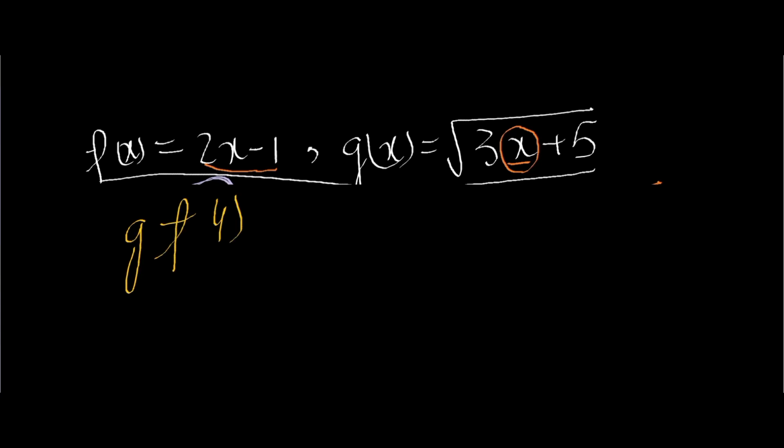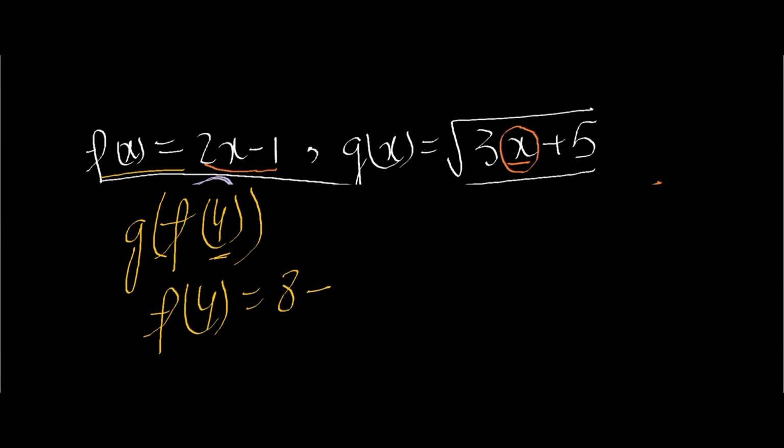First put 4 in the f of x function. 2 times 4 becomes 8, minus 1, which is equal to 7. Now I have this answer from the f of x function, and I have to put this f of 4, which is 7, in the domain of the g of x function.